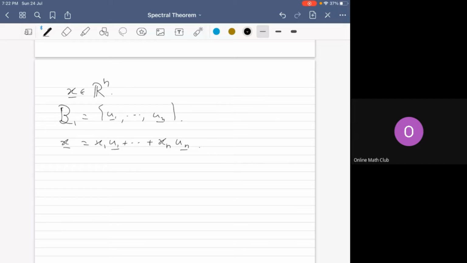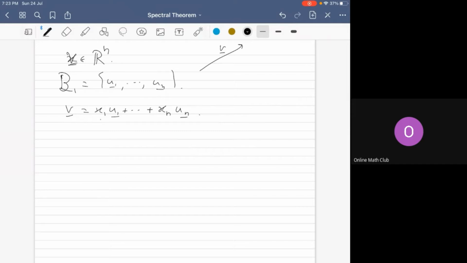Okay, wait, let me make this clear. This is the vector x, and no, I'll not use x, I'll use v. Okay, this is the vector v, and as coordinate vectors, these are the coordinates of v with respect to this basis, and v also has coordinates with respect to a second basis B2, v1 v2 dot dot dot, and let these be denoted by capital X's.